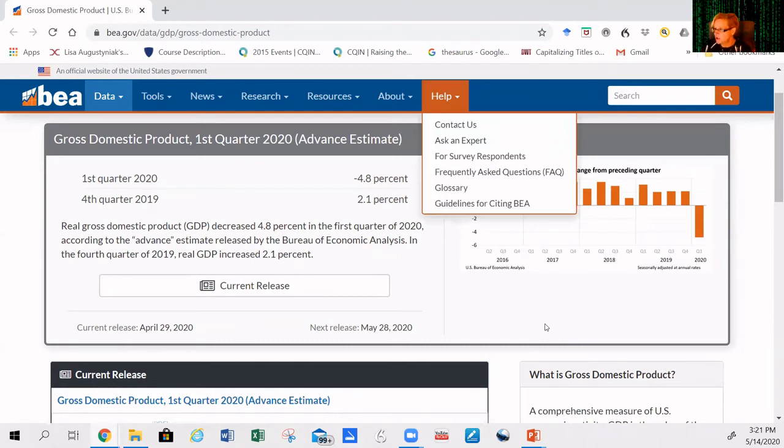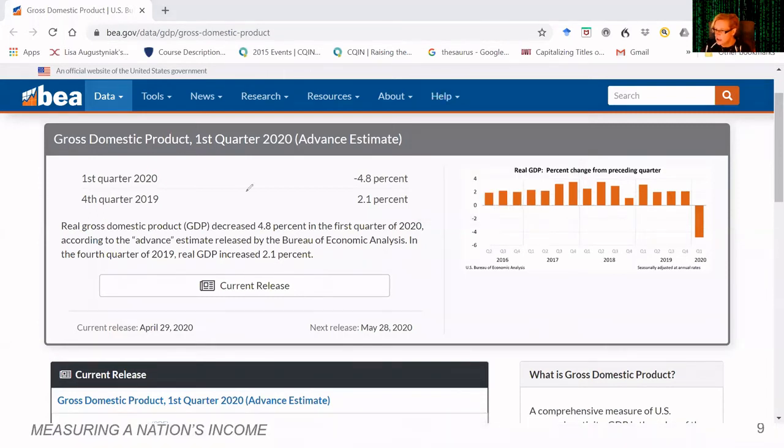I also want to talk to you just briefly about some of these other things that you will see. This was due to Corona, okay? The other thing I wanted to mention here is that GDP will tell us basically if we're in a recession. Three, and some authors say two, but I like to go with three quarters of decreasing, not negative.